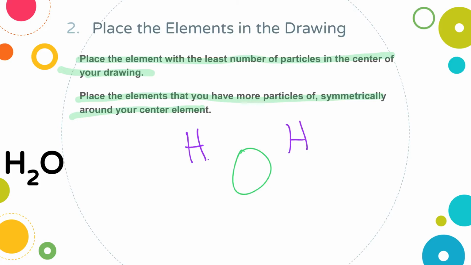Hydrogen has 1 valence electron to share with oxygen. Then from oxygen we used 2, and we have 6 more to place. So our Lewis structure looks like that for H2O, which is water or dihydrogen monoxide.